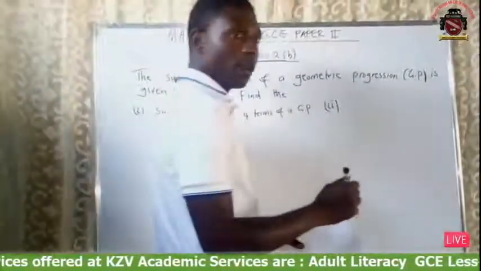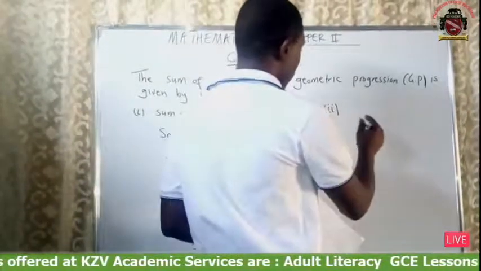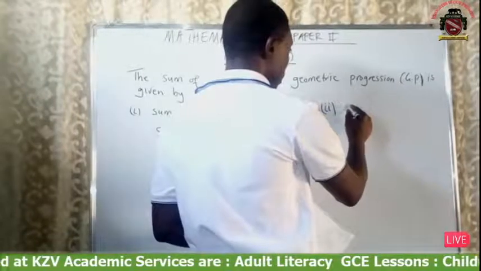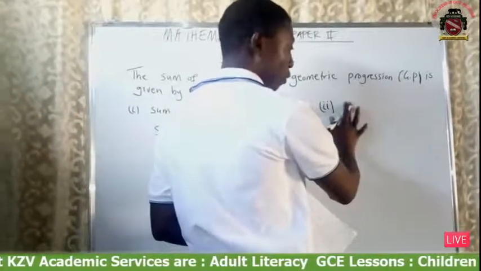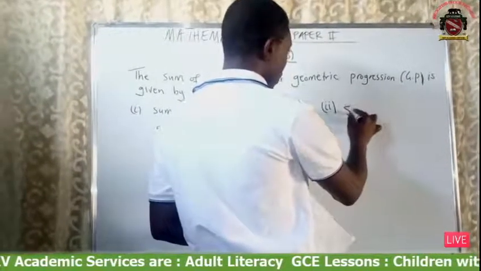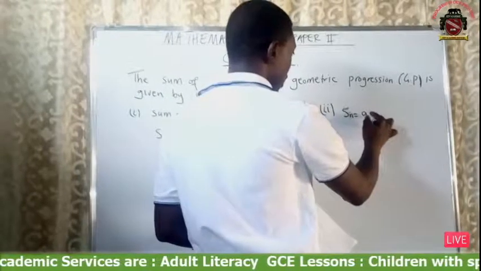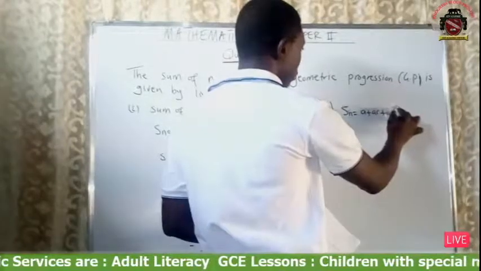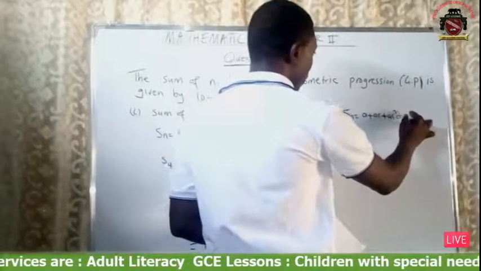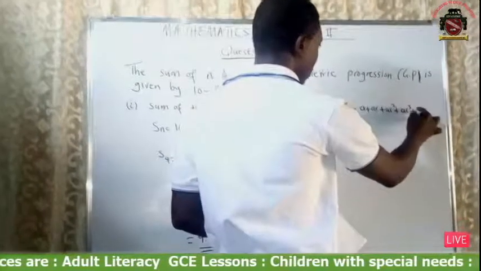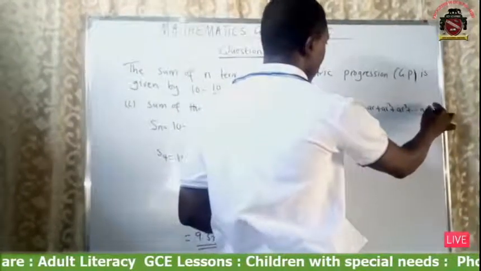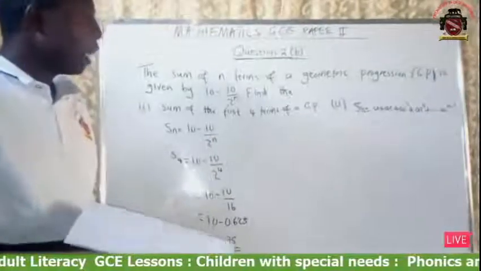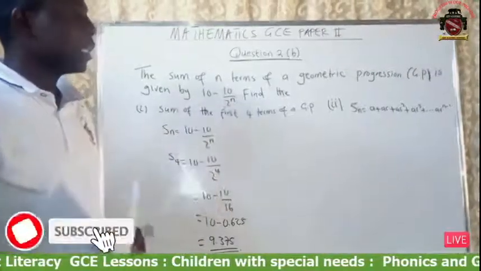Now the first term can be found because we know that the sum of n terms of a GP is given by a plus ar plus ar to the power 2 plus ar to the power 3 plus, up to ar to the power n minus 1. Are you following? Now, they are asking, can we find the first term?